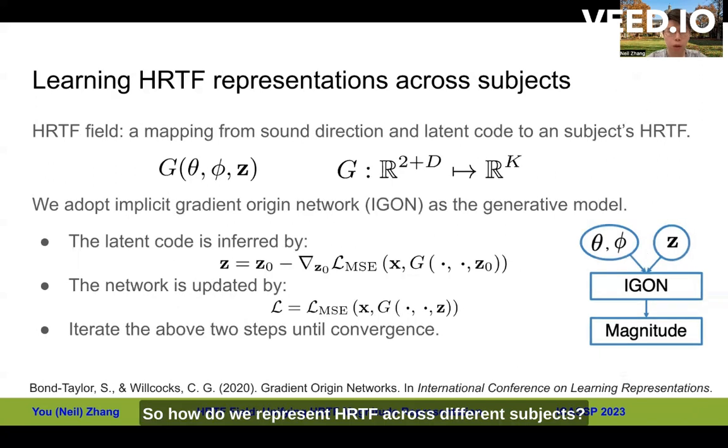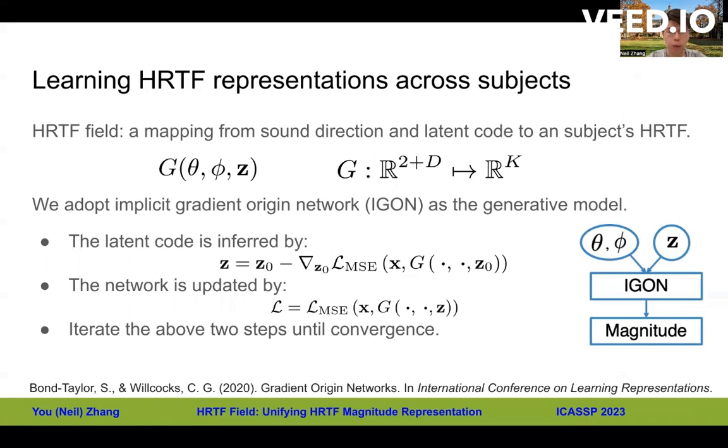So how do we represent HRTF across different subjects? We introduce a latent vector Z to represent each person's identity, and we want to use a generative model that can learn a mapping from the sound direction and this latent code to a subject's HRTF.